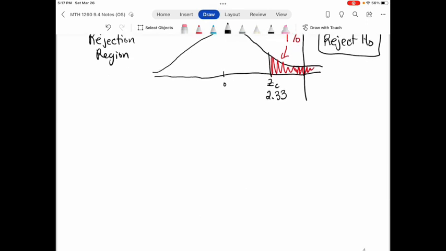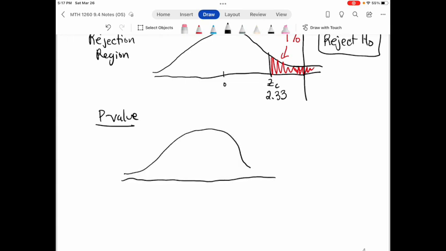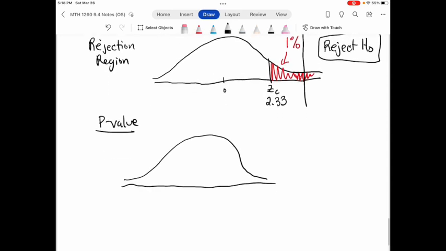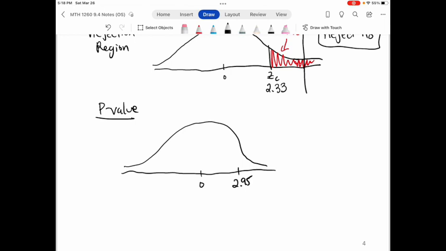Now let's look at our p-value method, and we want to make sure that our decision for the p-value method syncs up with what we did for the rejection region. So for the p-value method, we're going to graph our test statistic, which we said was 2.95. And then we want to find the probability that if we pick another sample, that proportion is going to fall in that red area.